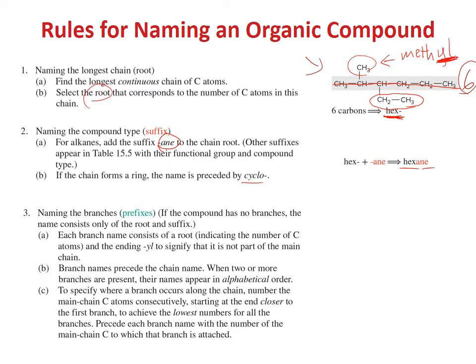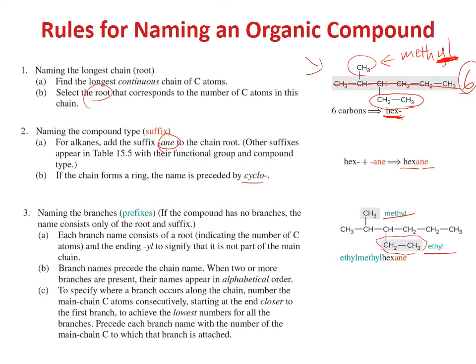So this is called methyl, meth plus Y-L. And this has 2 carbons, so it should be eth, and then plus Y-L is called ethyl.